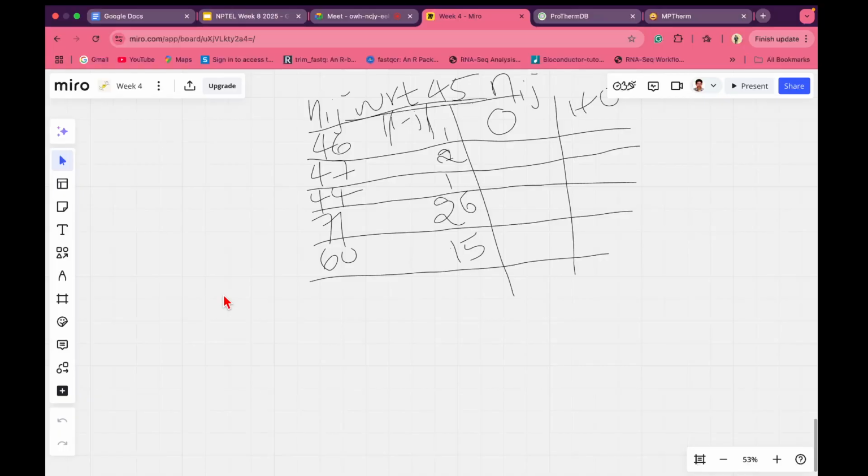Similarly, in the second case, separation is again less than 12, so we have 0.